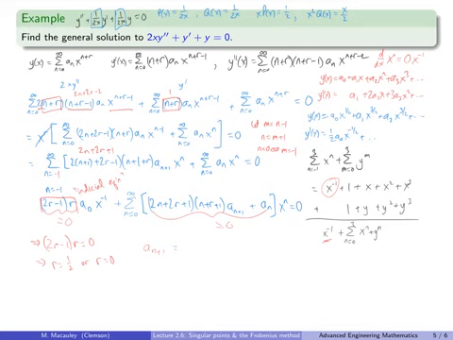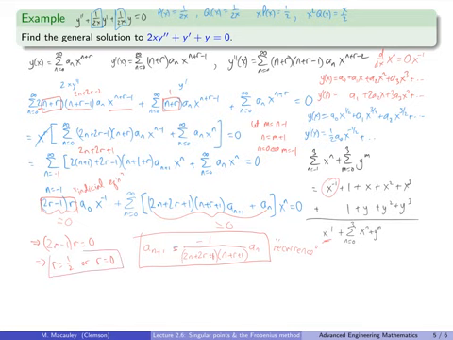So set this equal to 0, solve for this, and I'm going to get, oops, I switched colors there accidentally, a n plus 1 equals negative 1 over 2n plus 2r plus 1 times n plus r plus 1 times an. So this is my recurrence relation, and this is what r has to be.